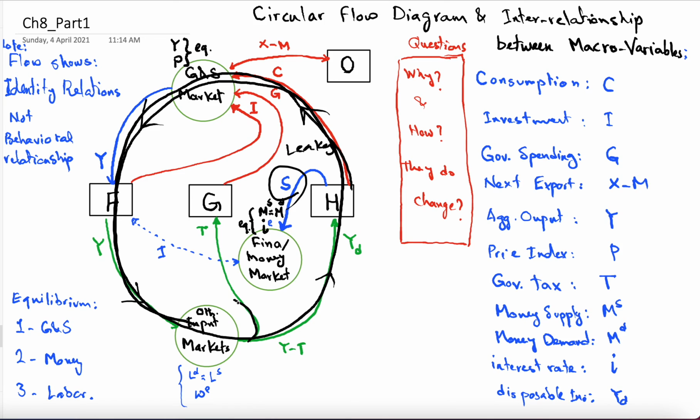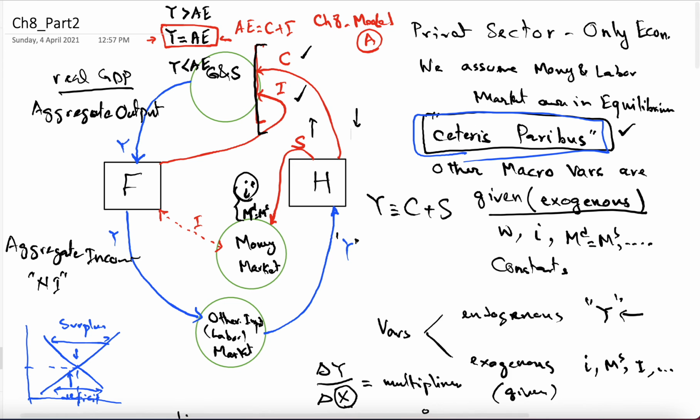tax is another leakage. Investment and government spending are being re-injected. These are injections. The import is a leakage. Export is an injection. Okay? So considering this, now coming back to our simplified model, what is the leakage here?